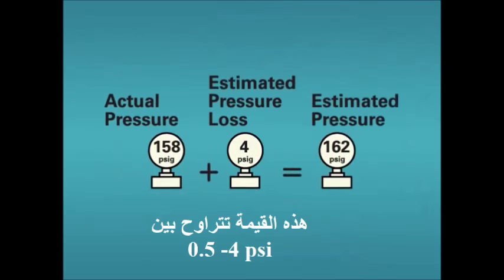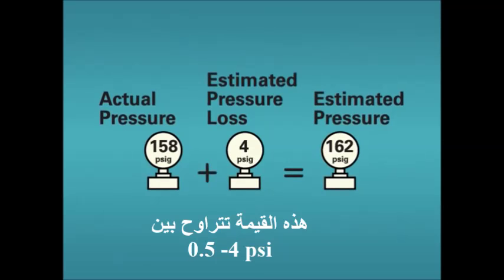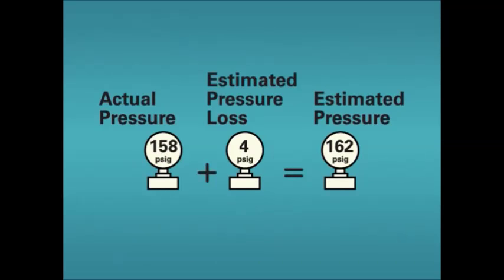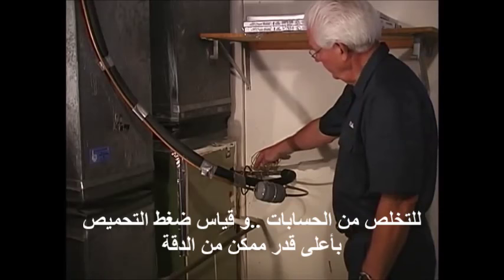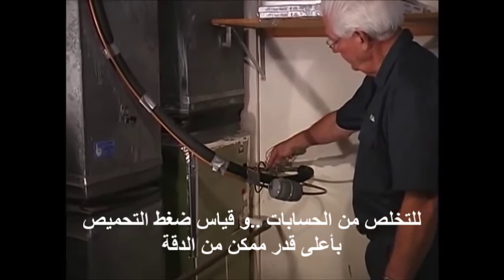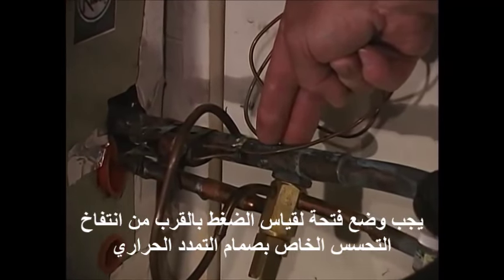This value could easily vary from 0.5 to 4 psi with properly designed systems, depending on the type of system and length of suction line. To eliminate guesswork and be as precise as possible measuring superheat, a pressure tap near the TEV sensing bulb location must be installed. So let's recap.